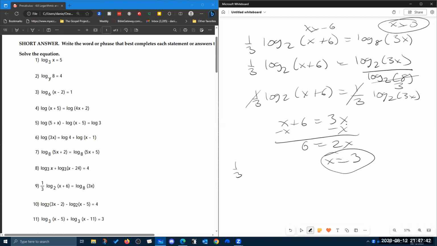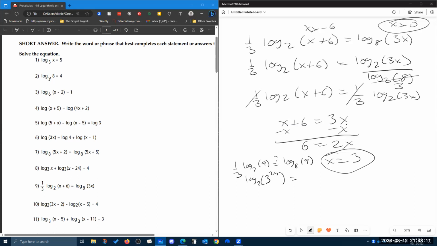1/3 of log base 2 of 9. Is that equal to log base 8 of 9? This is log base 2 of 3 to the 2/3.